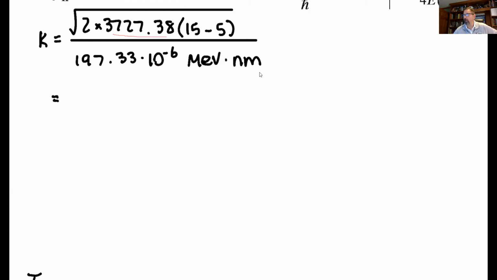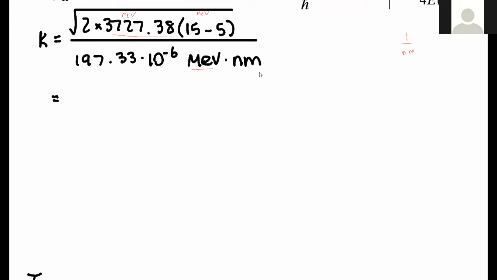So now you're good. Now you can put that number in your calculator. This is now units of MeV. The thing in parentheses has units of MeV, so you've got MeV squared, but underneath the square root, so it's MeV. And then you've got MeV right there. So the units overall are going to be 1 over nanometers when you're done, 1 over a length. And that's what you need.